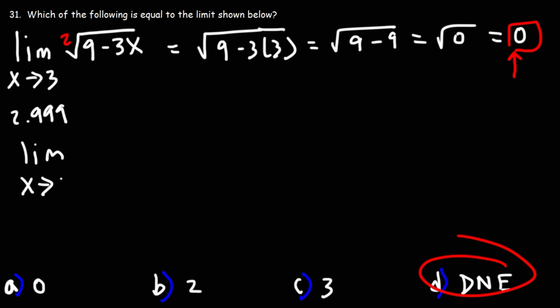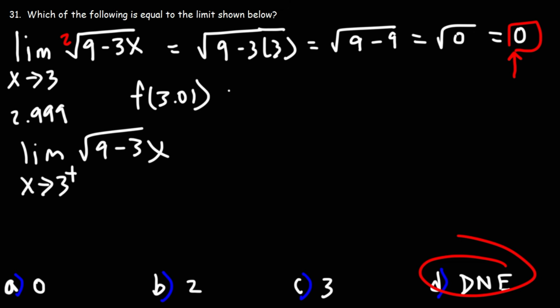First, let's check the limit as x approaches 3 from the right side. So to do this, let's plug in 3.01. If you were to plug in 3.01 into this equation, notice what happens. 3 times 3.01, that's actually bigger than 9.